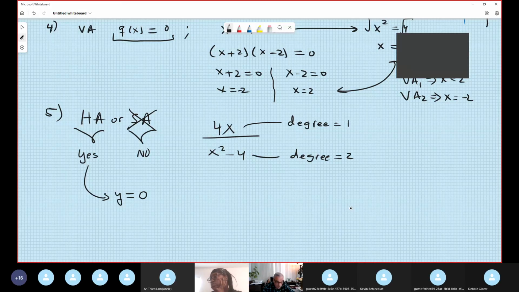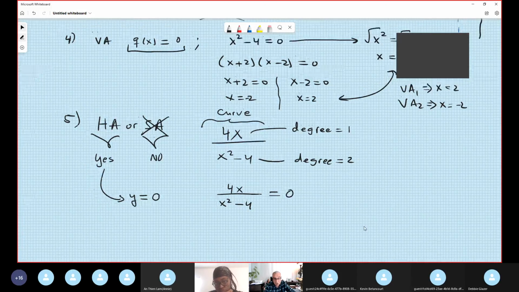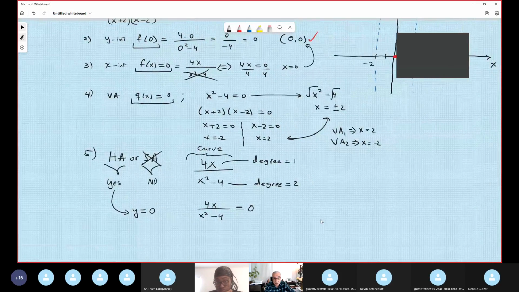If the curve crosses the horizontal asymptote. To investigate this, you take the equation of the function and you force it to be equal to 0. Okay? Well, this equation I solved before, because by coincidence something happened, not always, but something happened. It's exactly the idea that we are using in the X-intercept.